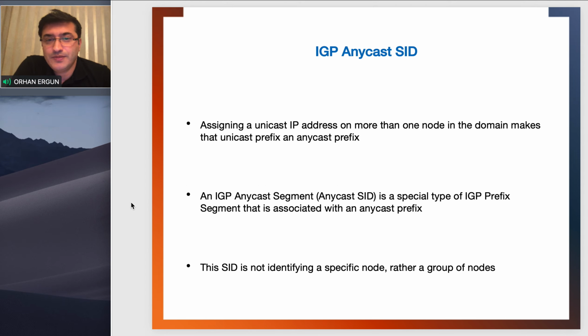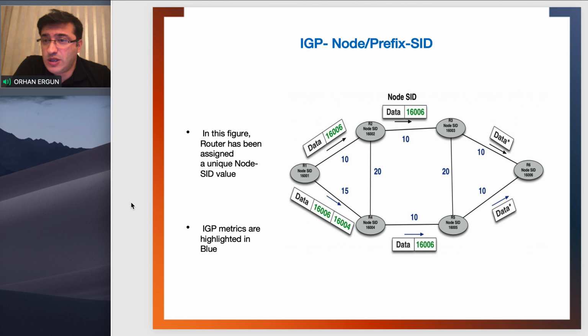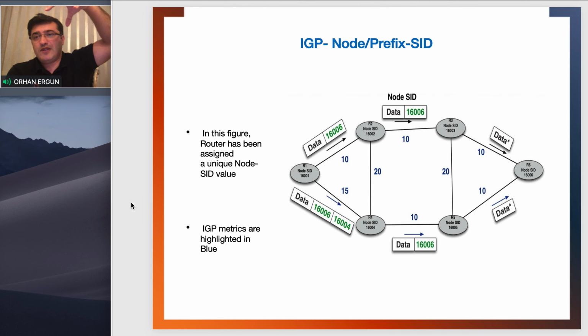So node SID we just saw as the IGP prefix SID. What I said is that a prefix SID is either via a single node, which we call a node SID, or a group of nodes, which is an anycast SID. For a group of nodes we will assign the same label value, the same SID value, on multiple nodes. Anycast means we assign the same thing.